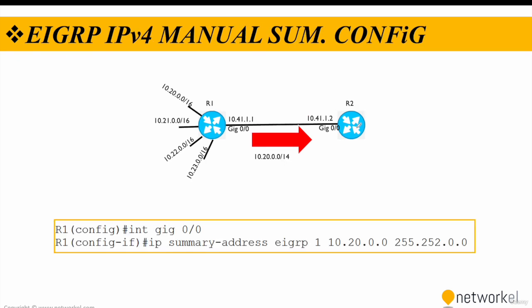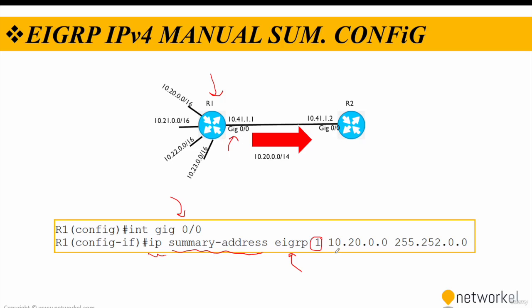So how I'm doing the EIGRP manual summarization config, I'm going into the interface mode. For example, let's say I'm doing it for router 1. In interface mode, interface gig 0/0, which is this interface, I am typing ip summary-address eigrp and the EIGRP autonomous system.